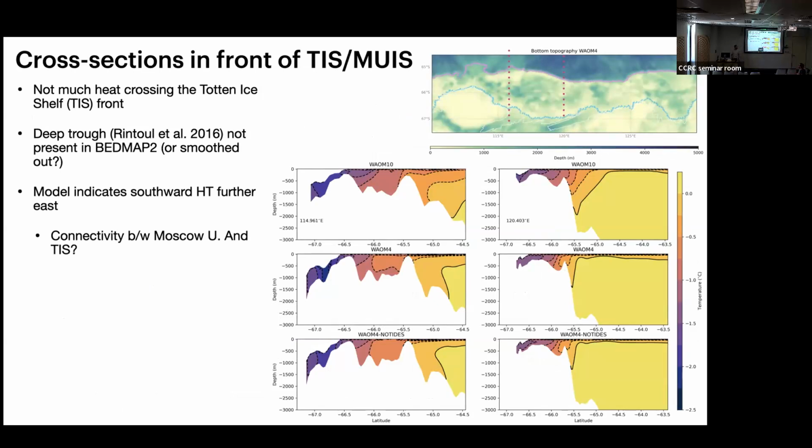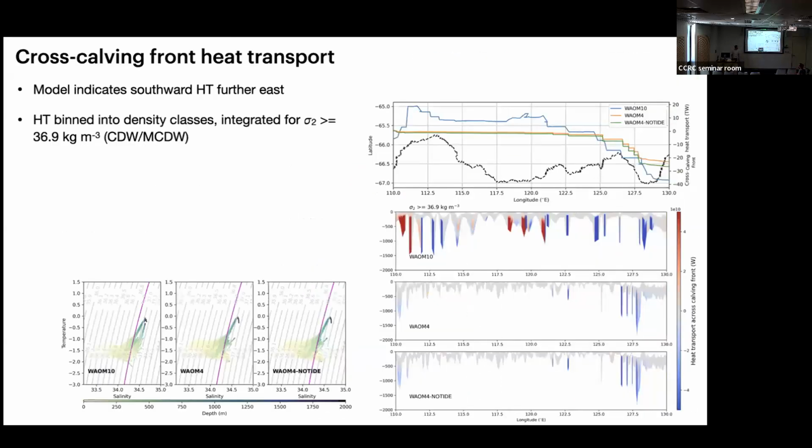The top one in the previous slide, that's the 10 kilometer one, right? Yes, the top ones. I guess they are not exactly the same contours because they have different horizontal resolution, and the difference in the topography and in the ice drafts is affecting this.